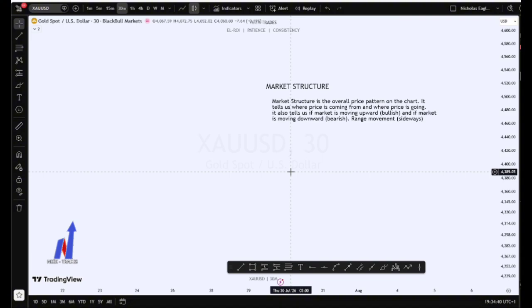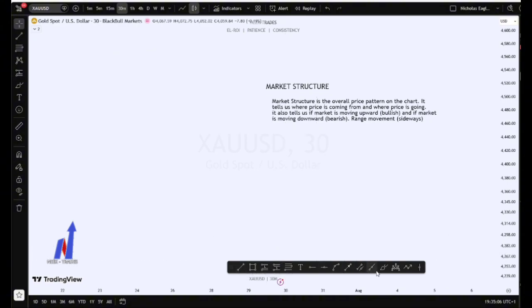The downtrend is also known as the bearish market structure, and the sideways movement, as it entails, is the ranging market. So this is a pattern. This explains what market structure means.